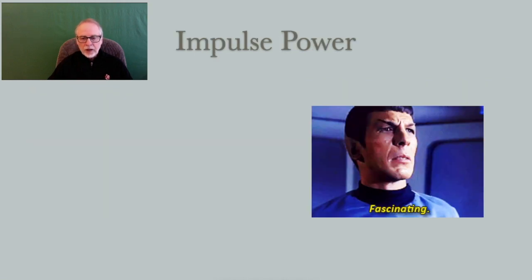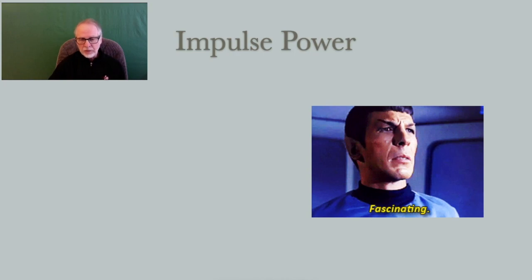All right, so another problem that we're going to be working on in a future video is going back to this question of impulse power and warp power in the Star Trek universe. In the Star Trek universe, warp speed corresponds to speeds faster than the speed of light. Impulse is less than that, but impulse power is also pretty fast.